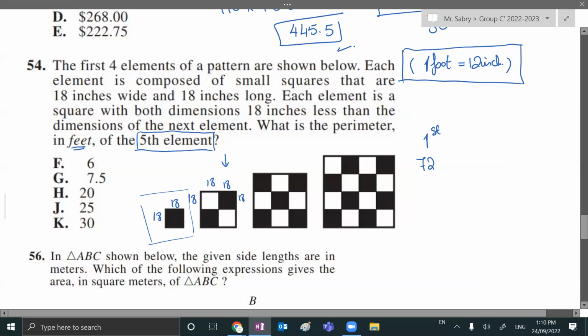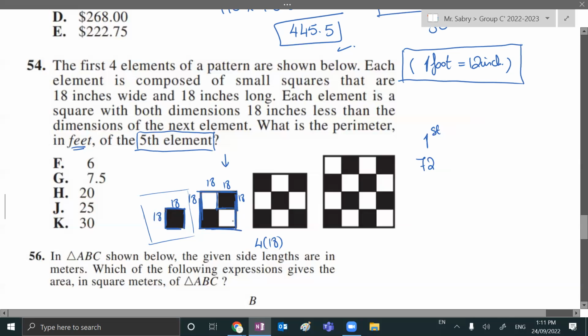Then what's the next? In the next one, I'll add 18 to each side, which means I'll add 18 four times, so 4 times 18. What am I saying here? Again, each side, this one is 18, this one is 18, 18, 18. And then in the next element, here was the first square, and it's like I added 18 here, and I added 18 there, and there, and there.